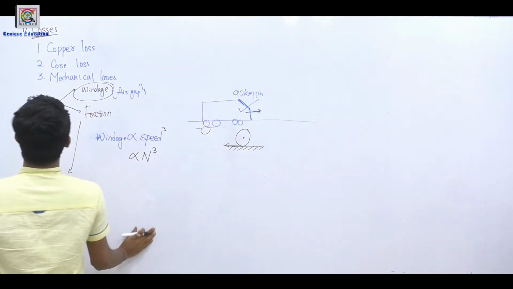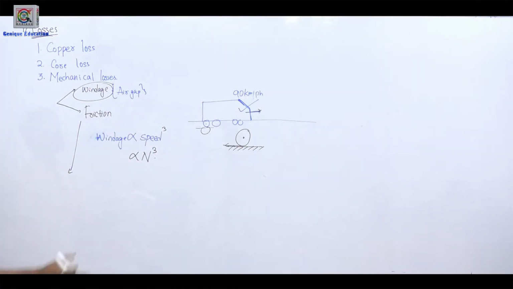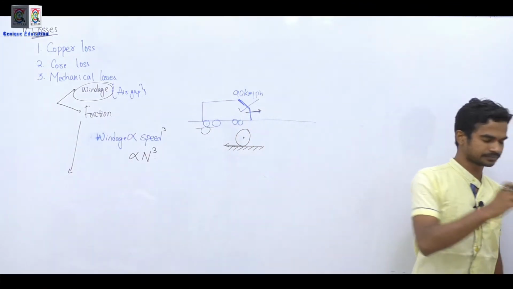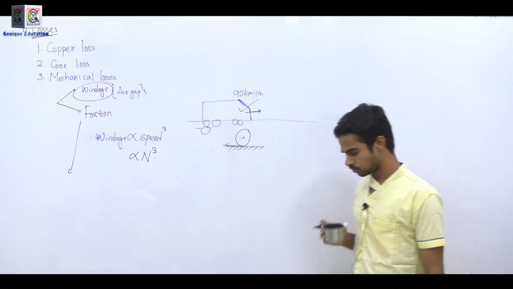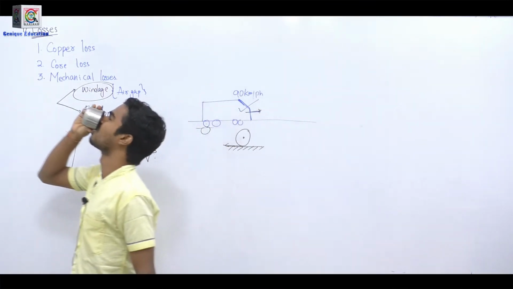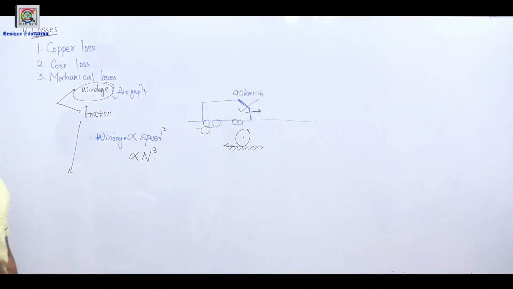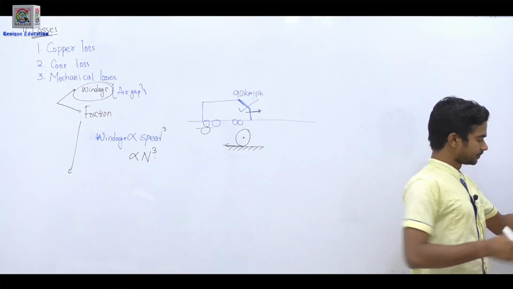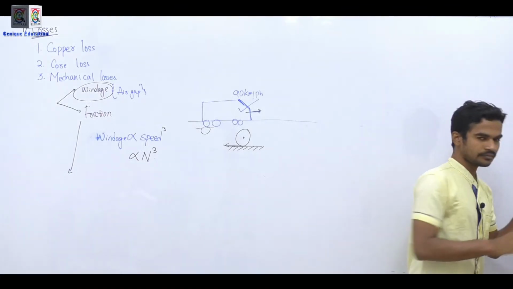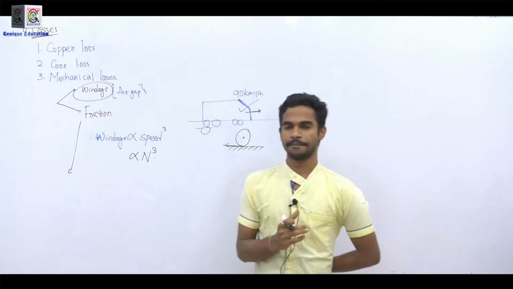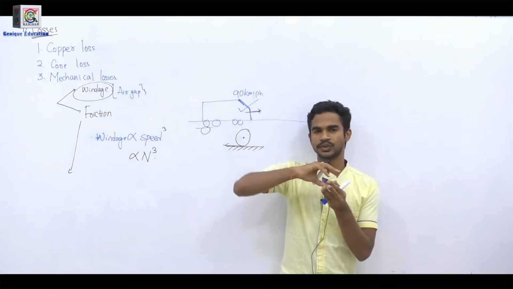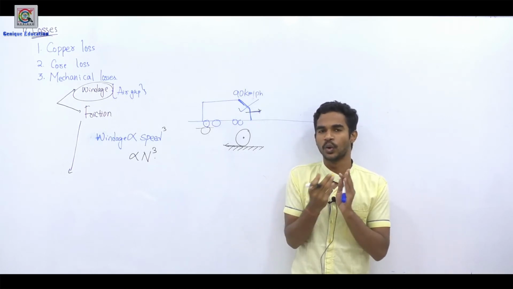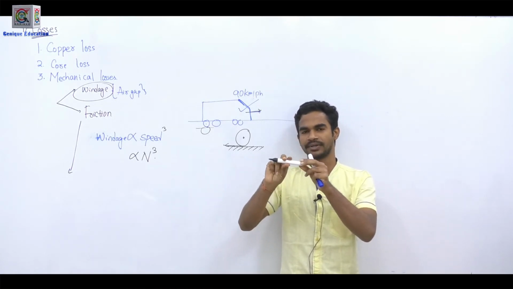Now can you tell me what the friction losses are in the induction motor? There is friction because, in order to smoothen the rotation, I have to rotate the rotor on the axis of the shaft.